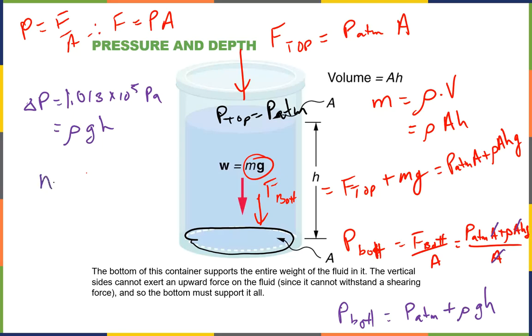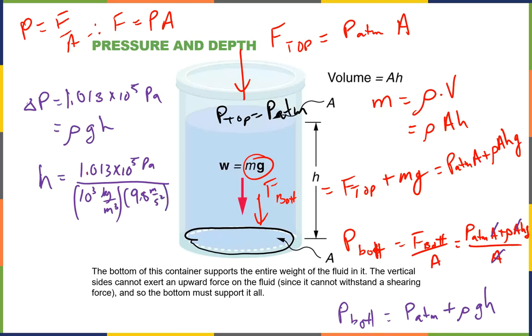So 10 to the 3rd kilograms per meter cubed, that's the density of water. 9.8 meters per second squared.